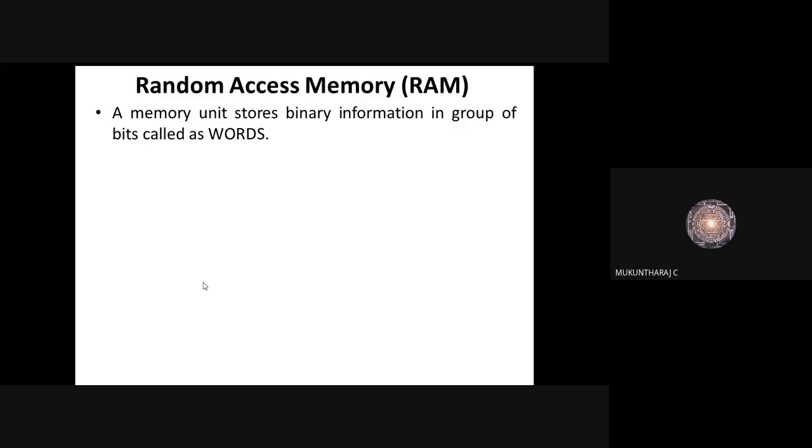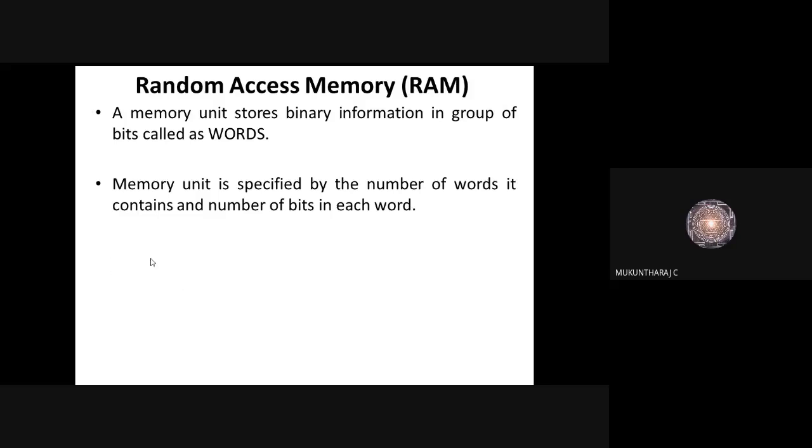We are saying that the data input is represented by M. The length of M can be denoted as the word. The number of bits in the input data is nothing but the word. So the memory unit is specified by the number of words it contains and the number of bits in each word.